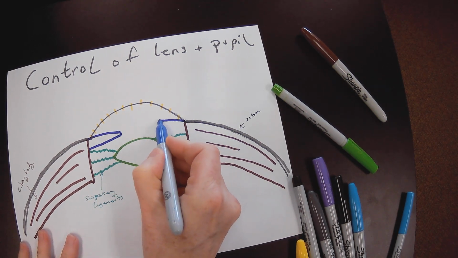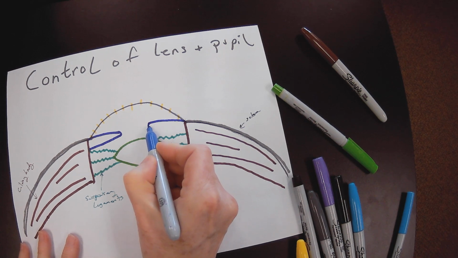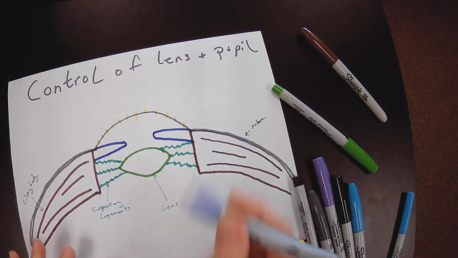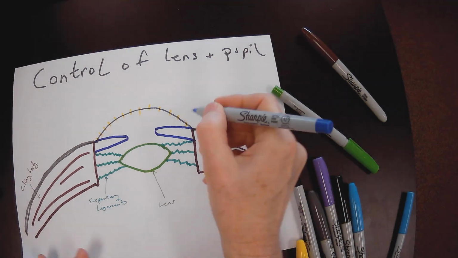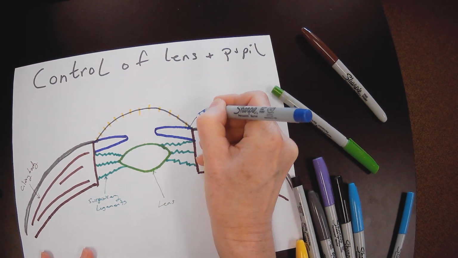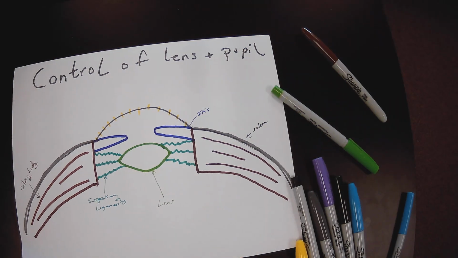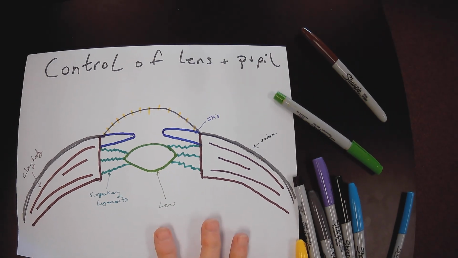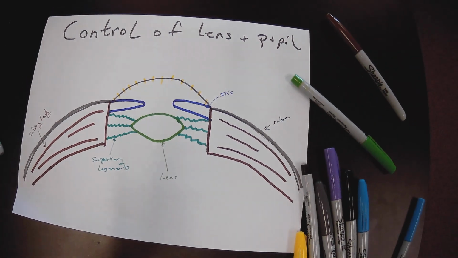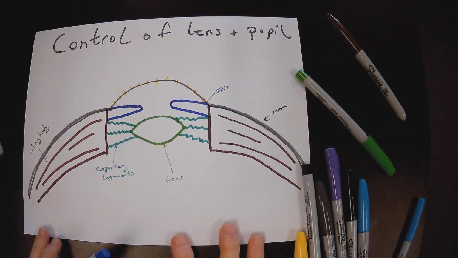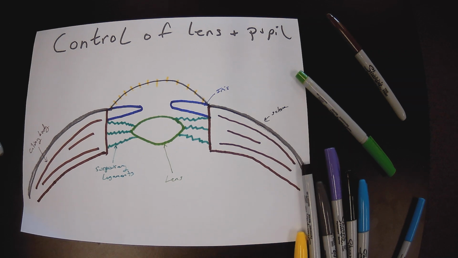So iris coming in on both sides. It's nothing more than an extension off your ciliary body. That's your iris.